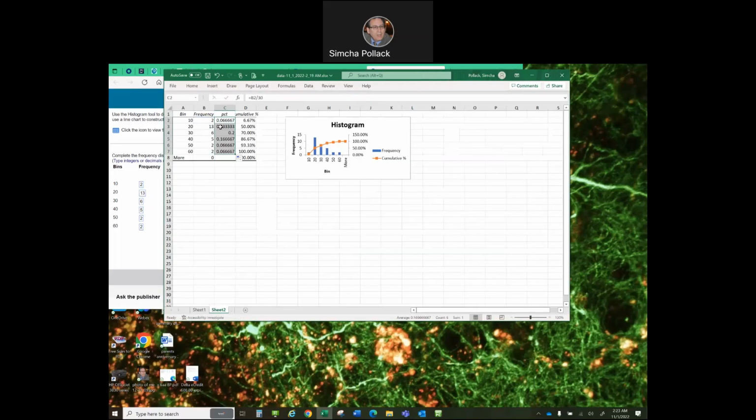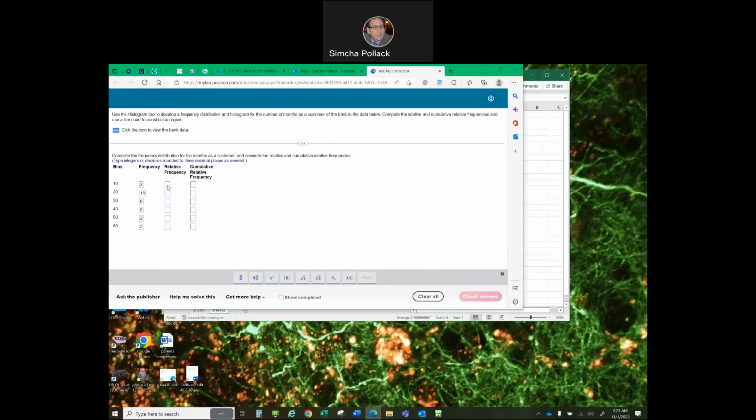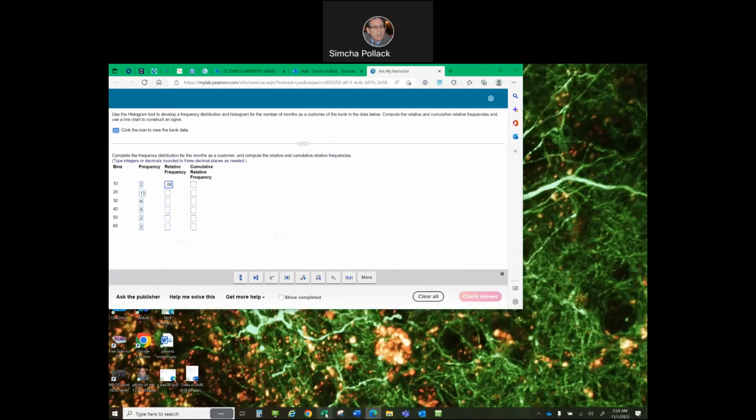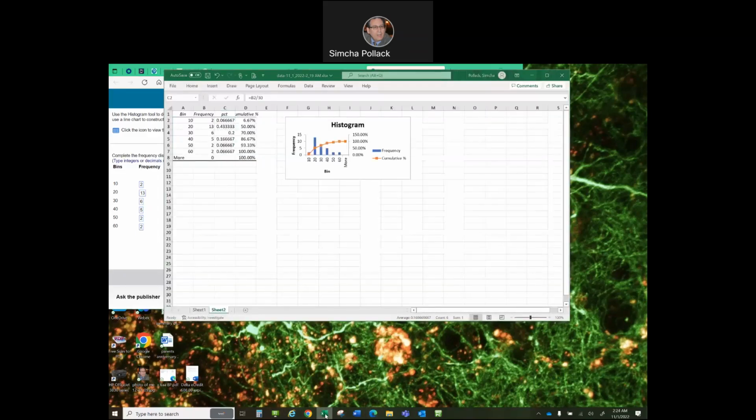These are the numbers that are going to go here, the relative frequency, relative to the sample size. So we can put in 0.067, to be accurate, and the next one is 0.433.